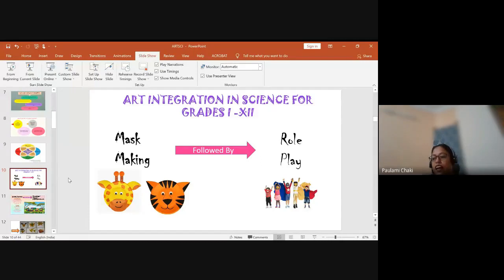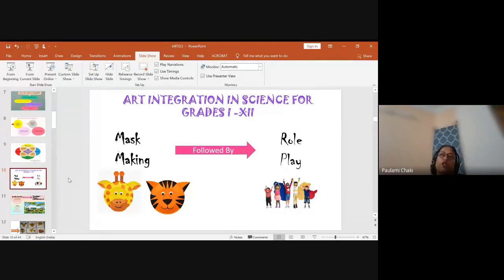Anyways, coming to mask making again, I remember when I was teaching plants in the lower grades, we were teaching fibrous root and taproot, then flowers, parts of a plant, basically. So I asked my students that we will do a jam. And what is jam? Jam is just a minute.